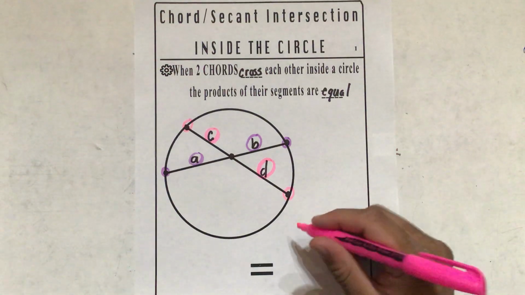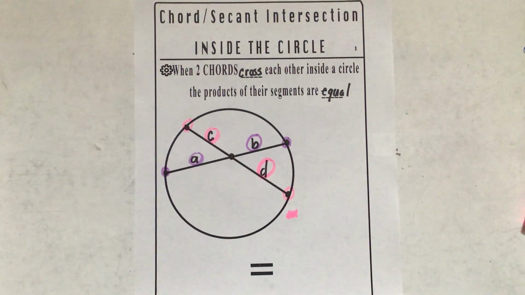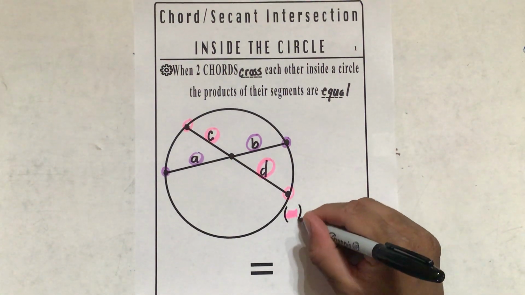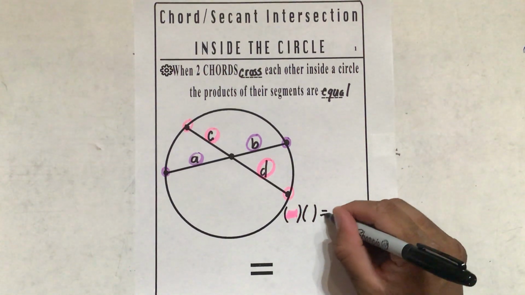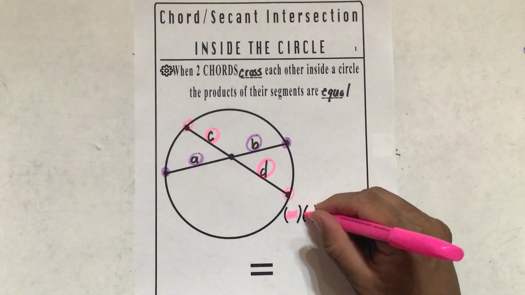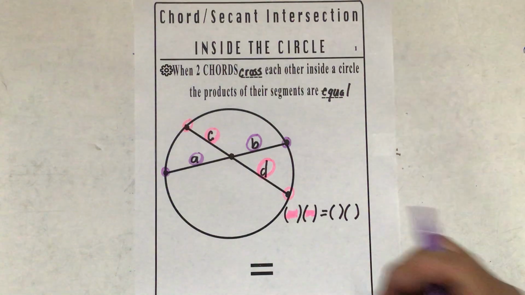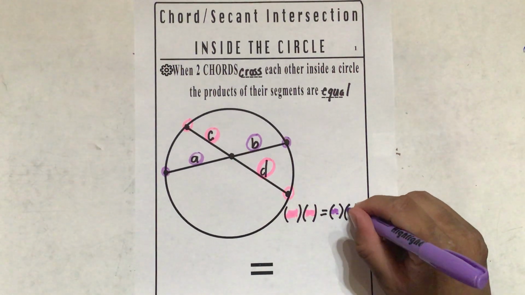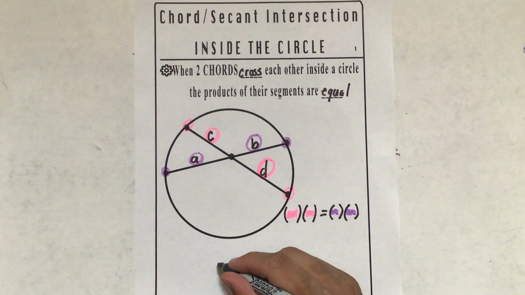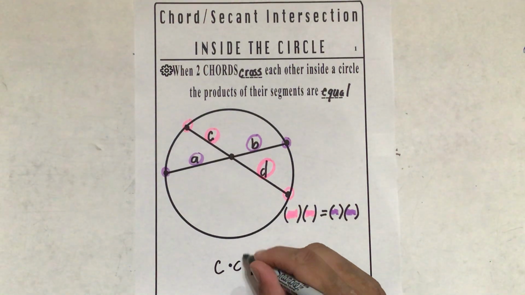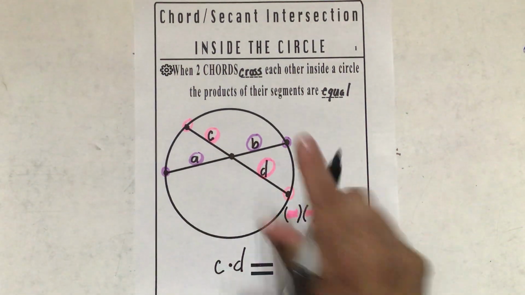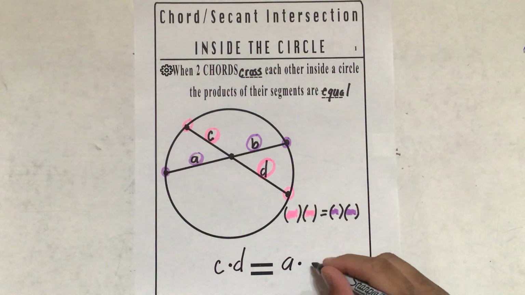So pink times pink is C times D, which is equal to purple times purple, A times B.